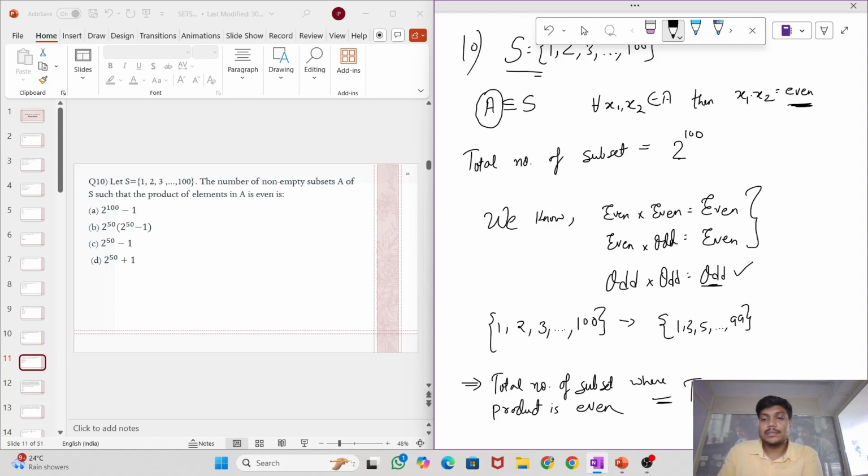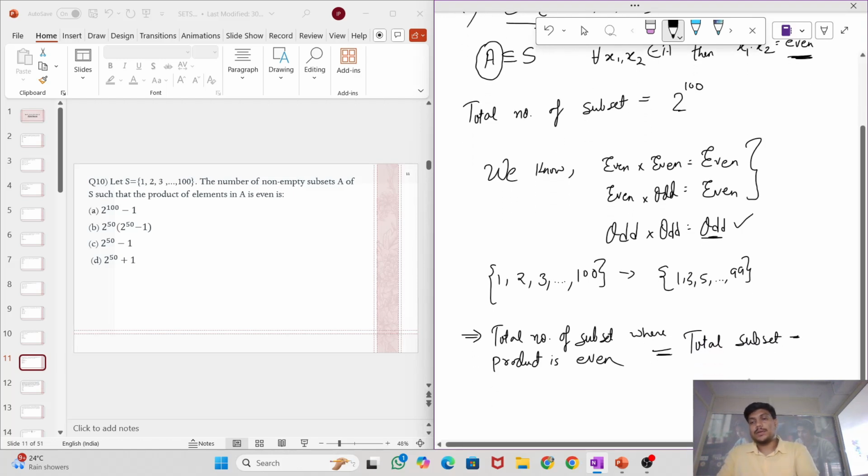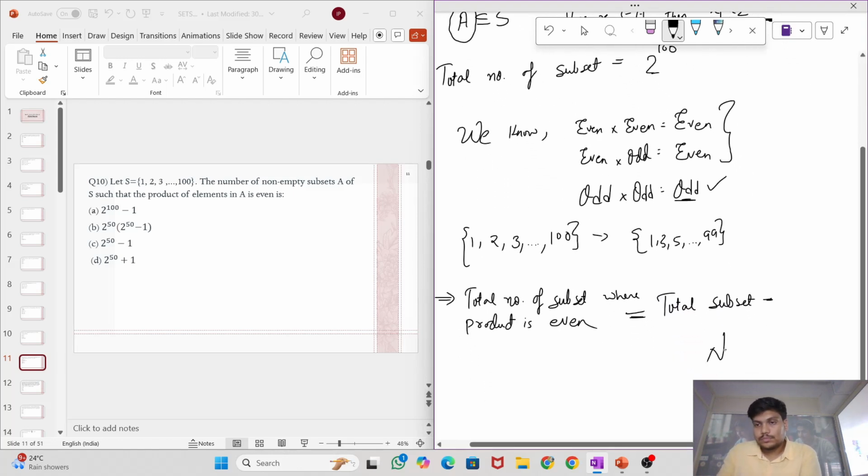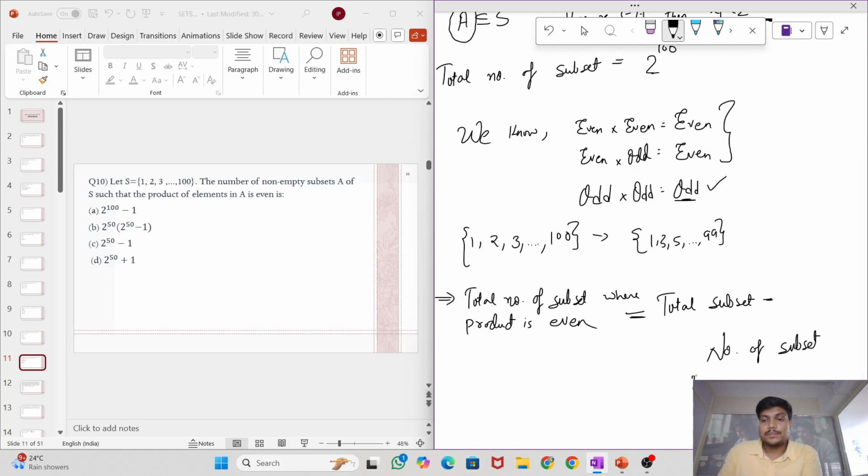Total number of subsets minus the number of subsets where the product is odd. Clearly the total number of subsets is 2 power 100, and there are 50 elements possible which will give me the subsets where the product is odd. So the total number of subsets where the product would be odd is 2 power 50.